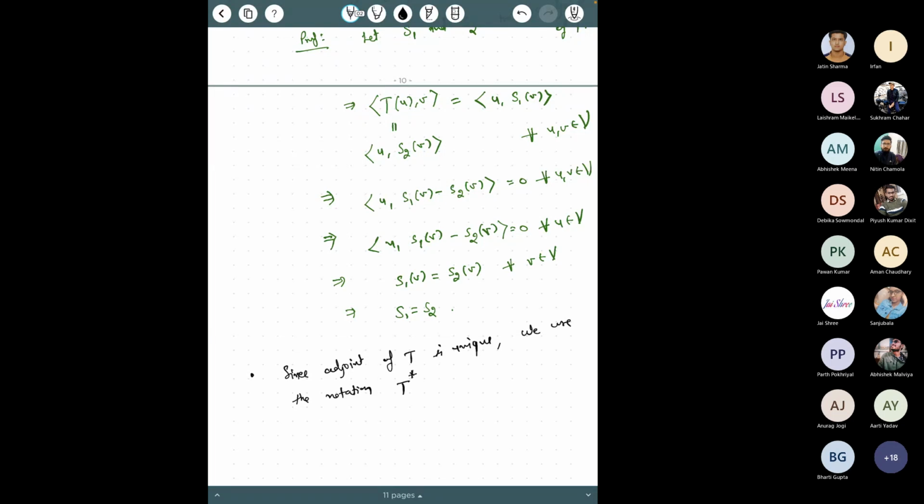We use the notation T star to denote the adjoint of T.